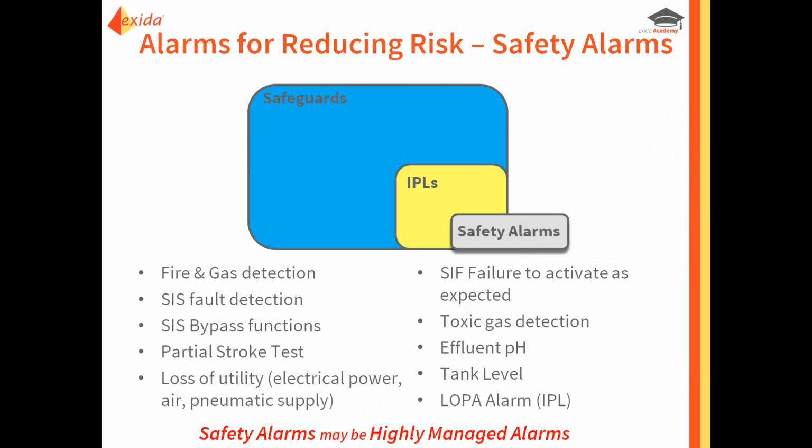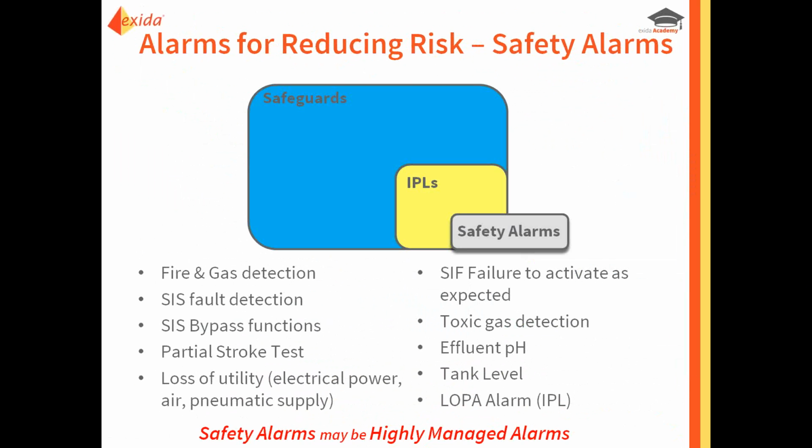And one probably would not consider those to be safety alarms if they're in your BPCS. So as an end user, your judgment is what's called for. You must determine what a safety alarm means or is for your site.